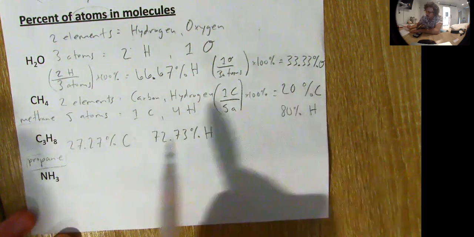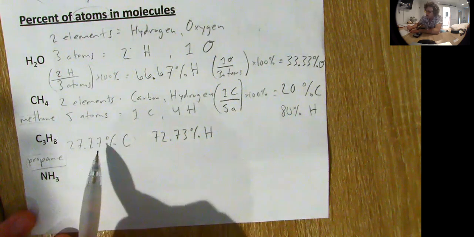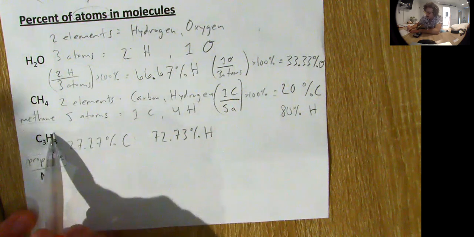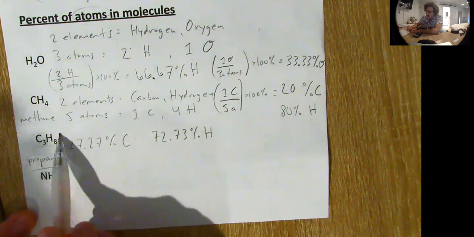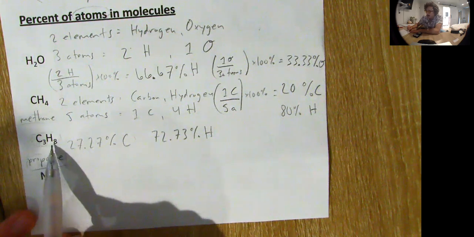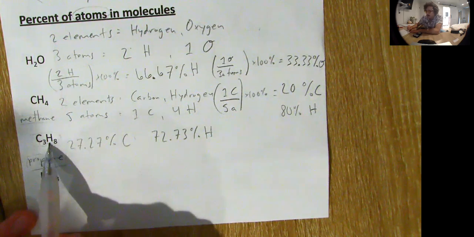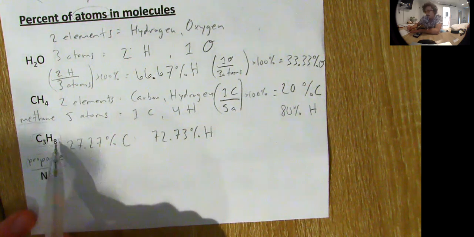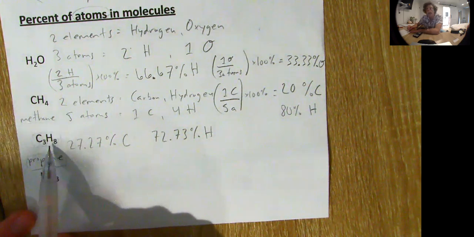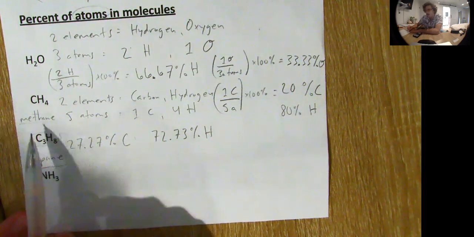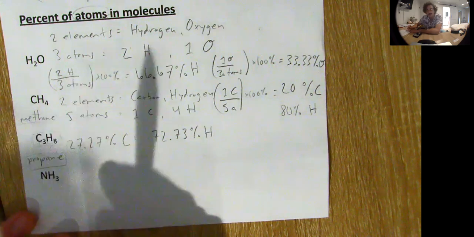Since there's more stuff inside of one molecule, when this gas gets heated up and the bonds break and it forms carbon dioxide and water vapor, it releases more energy, which means it burns with a hotter temperature. So propane burns with a hotter temperature than methane, the stuff that comes out of your stove.